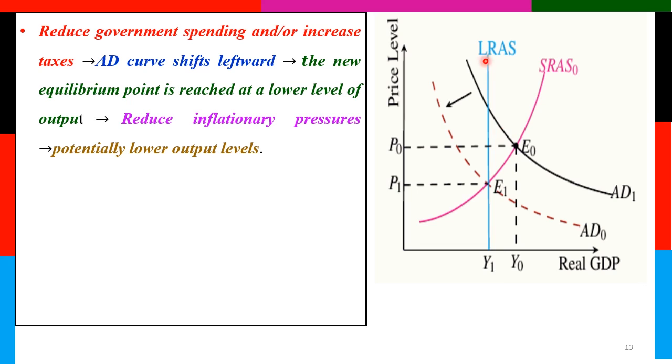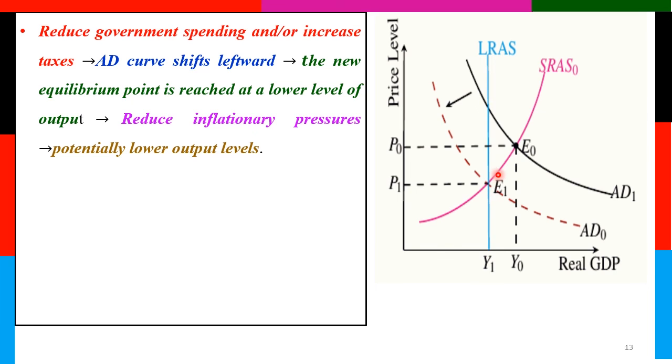Outside of the potential GDP, outside of the potential real GDP. Potential real GDP is what? The point at which long-run aggregate supply and the aggregate demand intersect each other. This is the potential point. Resources are effectively and efficiently used at this point.